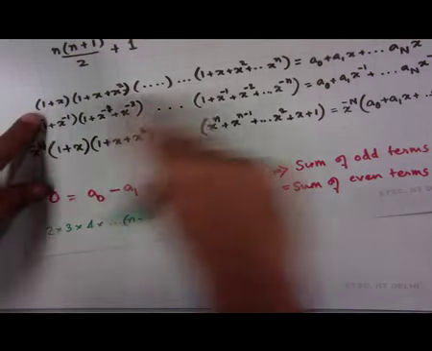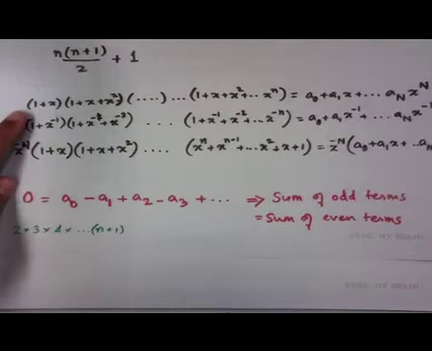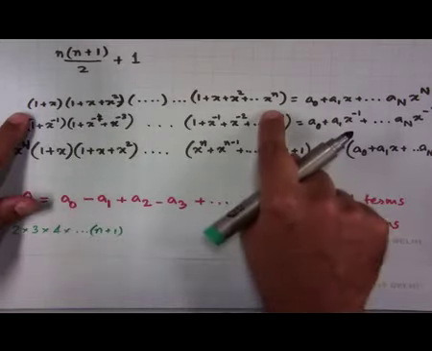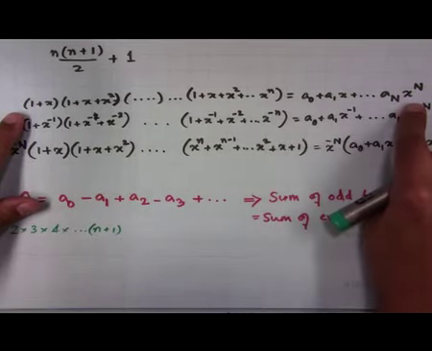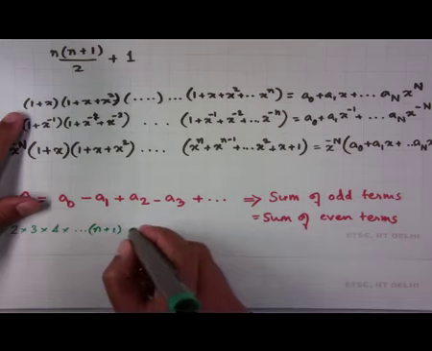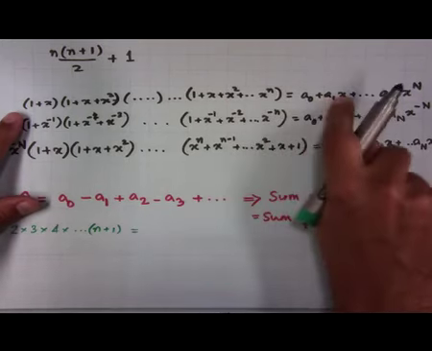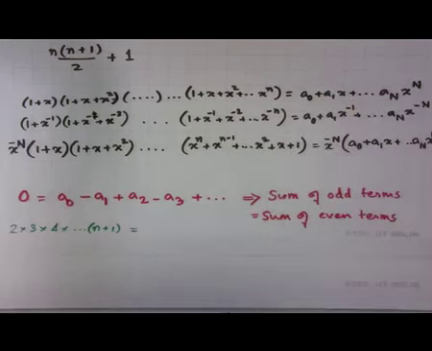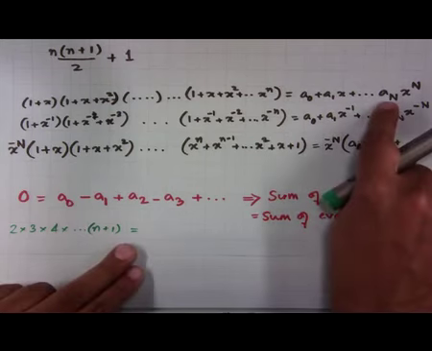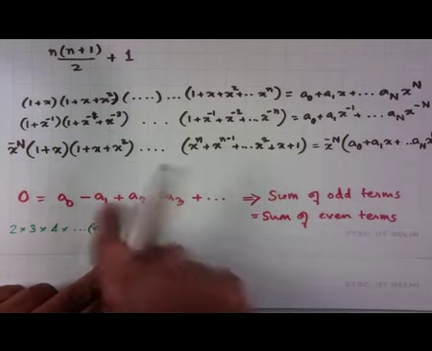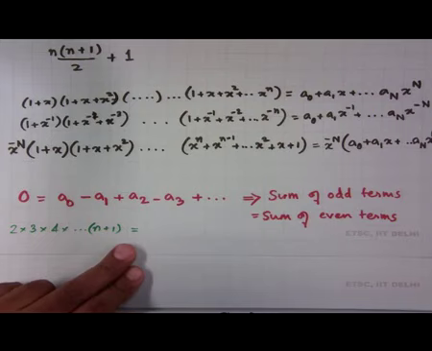Right, that is what you will get if I plug in x equal to 1. And what will I get over here? I will get a 0 plus a 1 plus a 2 plus a 3 plus a 4 all the way till a n. Now, half of them are equal to the other half of them, right.